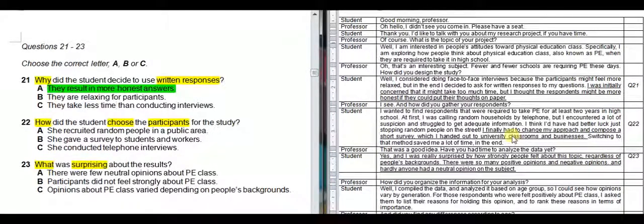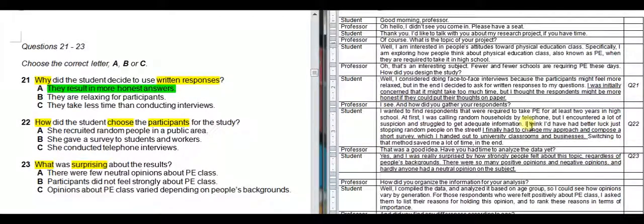Question 22, we also get some traps. Okay, so how did the student choose the participants? "At first, I was calling random households by telephone." Okay, so C is a trap, but "I encountered a lot of suspicion.